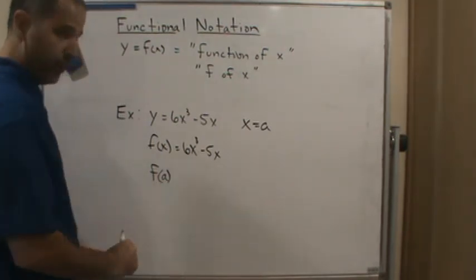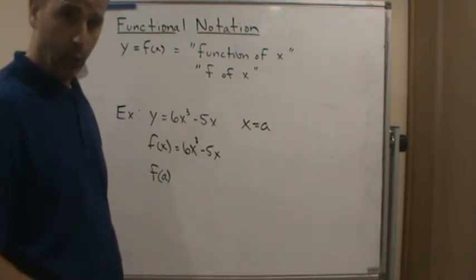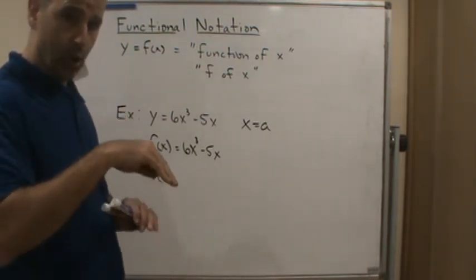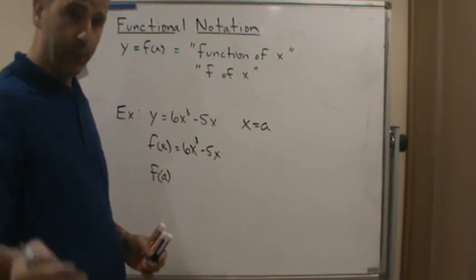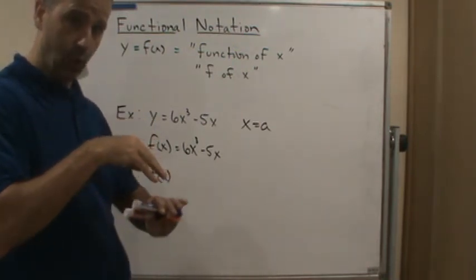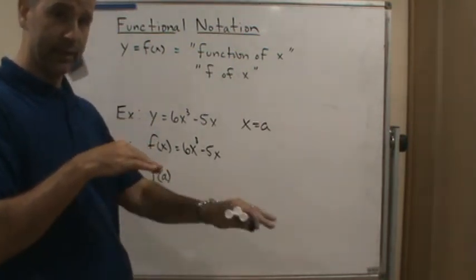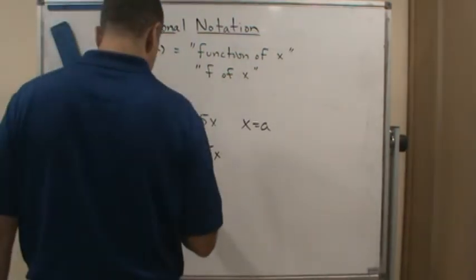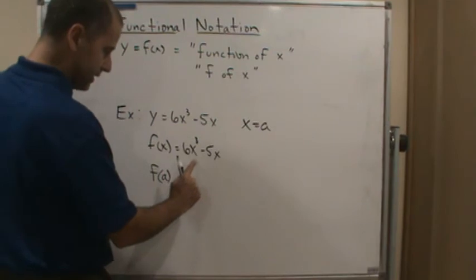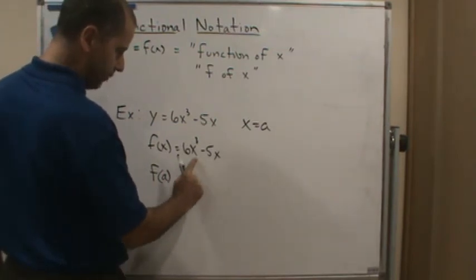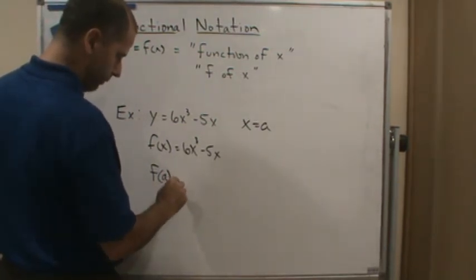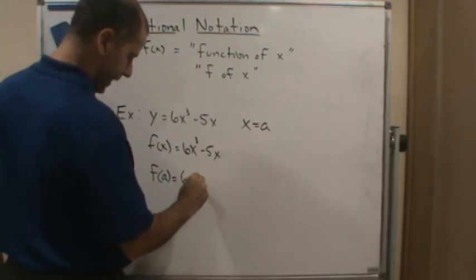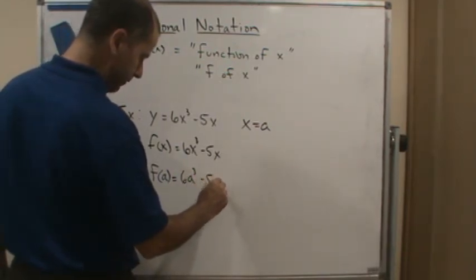Think of a function as like a machine. Whatever goes in will always spit something out. If you put the same thing into the function, it will always spit the same thing out. You'll never get something different. Remember the definition of a function. So if I put a in here, I have to replace x with a as well. That's going to be 6a cubed minus 5a.